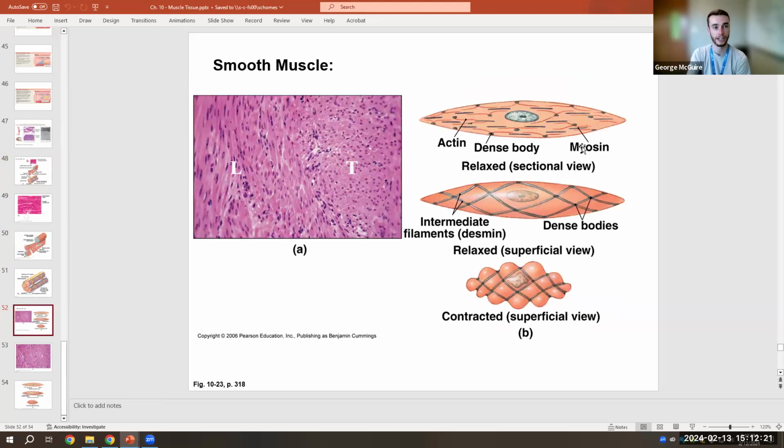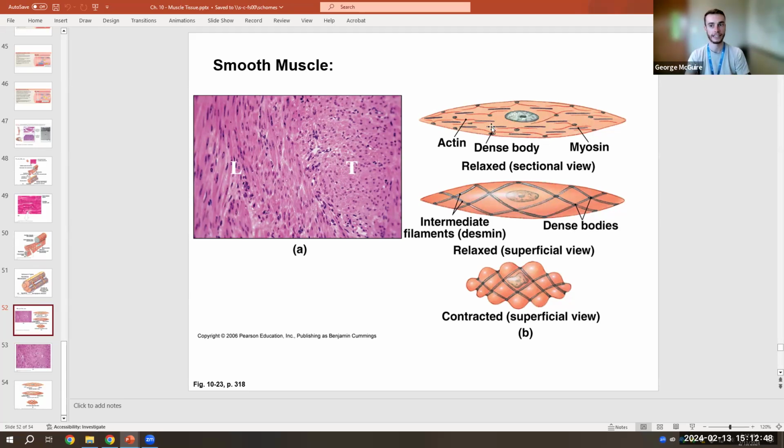So similarly, we're going to have myosin acting on actin, so thin and thick filaments, but we do not have those sarcomeres, those contractile units. And the structure of the smooth muscle cell is better set up to squeeze from all directions. So you can see we have these intermediate fibers on the external surface, essentially, of this smooth muscle cell.